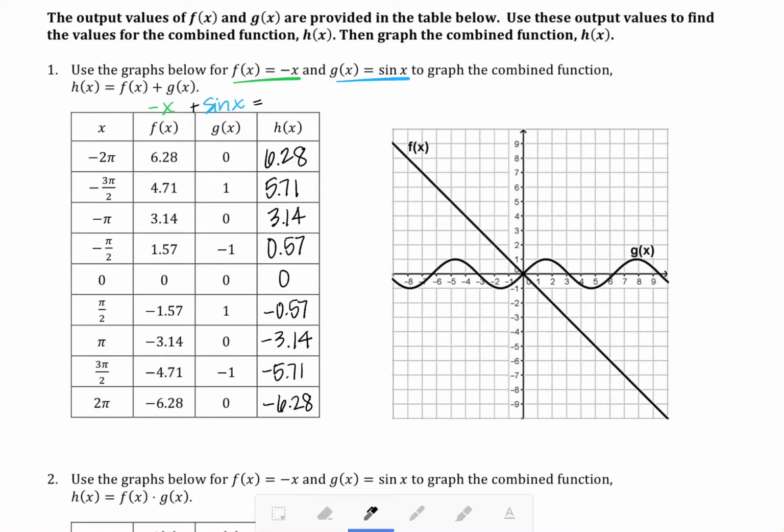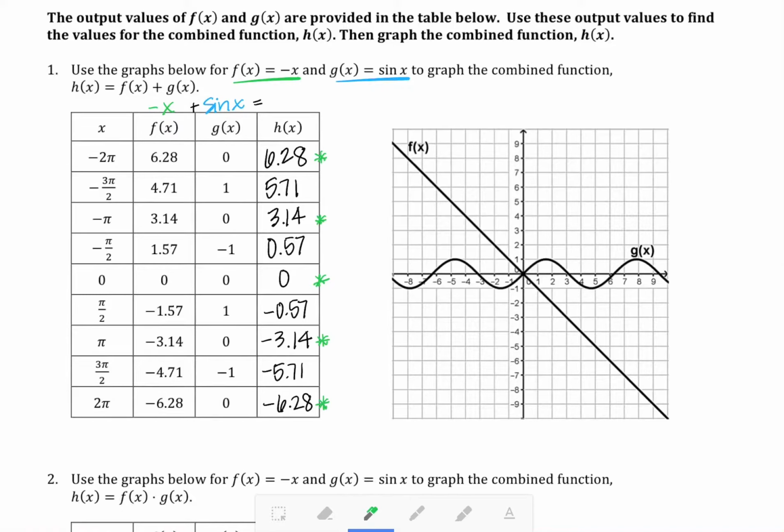So I want to talk about some observations I see here. What I do notice is that this point is actually on the line y equals negative x. So is this point right here. So is our origin, 0, 0. So is our point of pi. And so is our point of 2 pi.